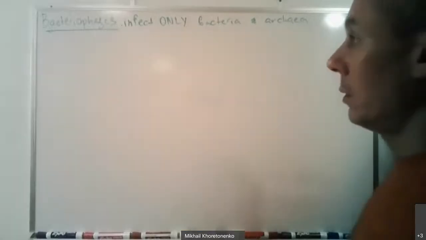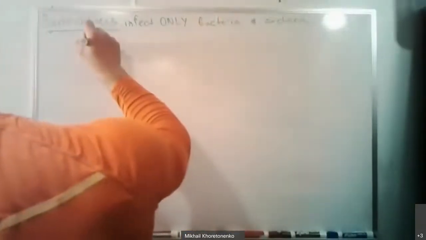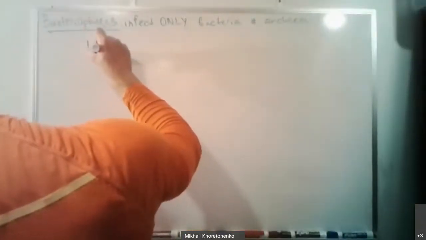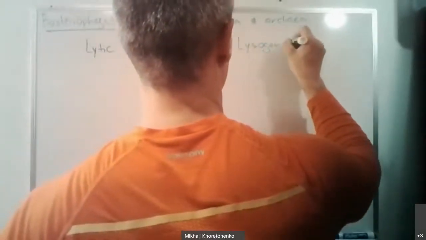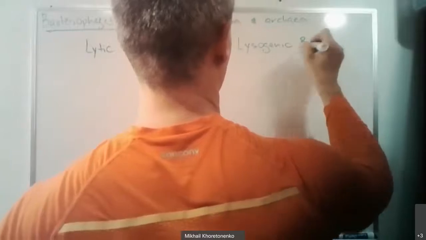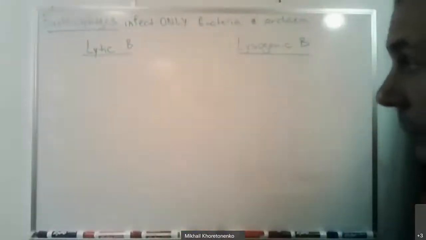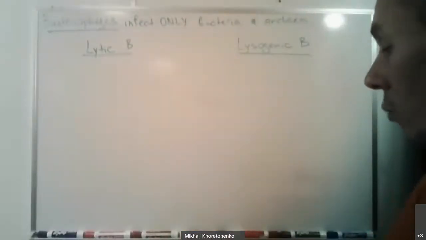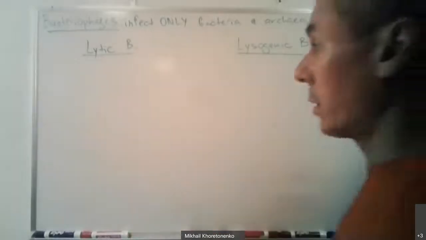So there are two main types of bacteriophages: lytic bacteriophages and lysogenic bacteriophages. I'm going to explain the differences in replication cycle for both of them. And I'm going to start with the lytic bacteriophage.